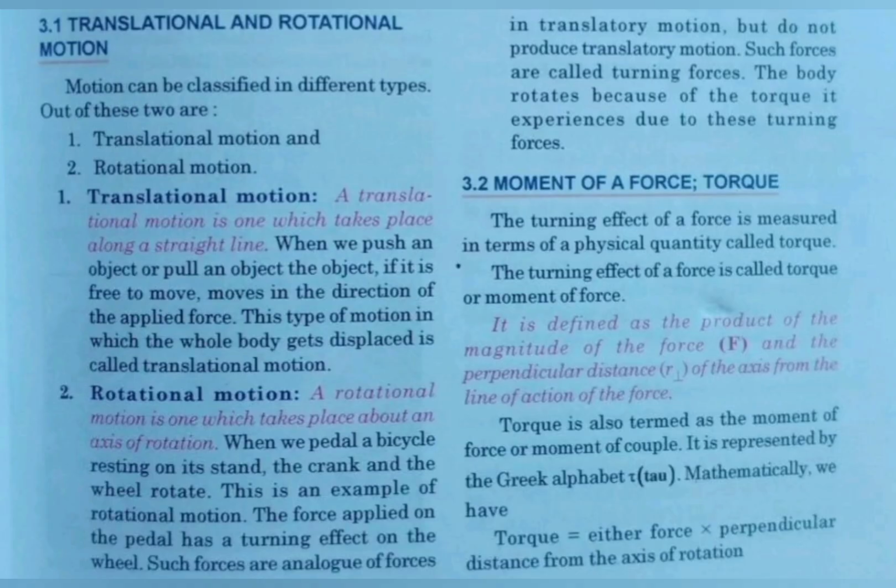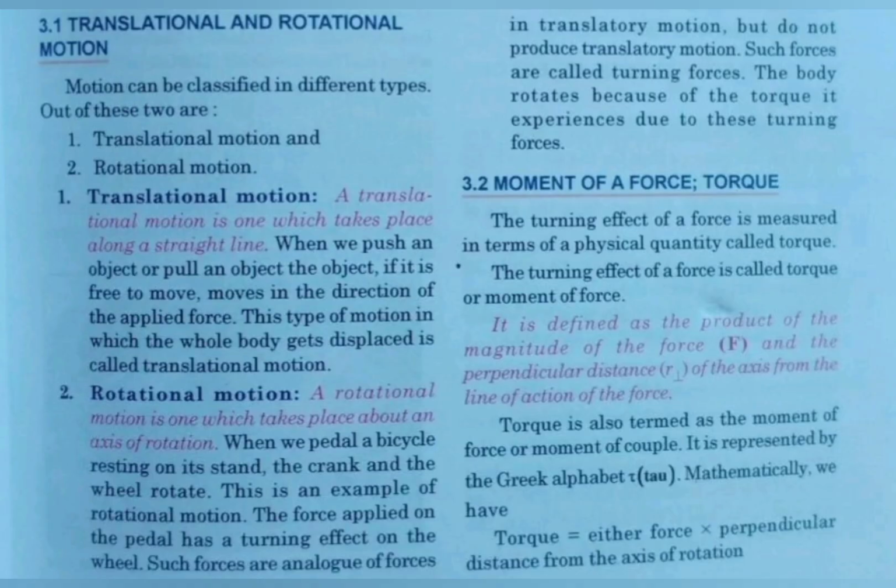Torque is also termed as the moment of force or moment of couple. It is represented by the Greek alphabet tau (τ). Mathematical expression: Torque equals force times perpendicular distance from the axis of rotation.